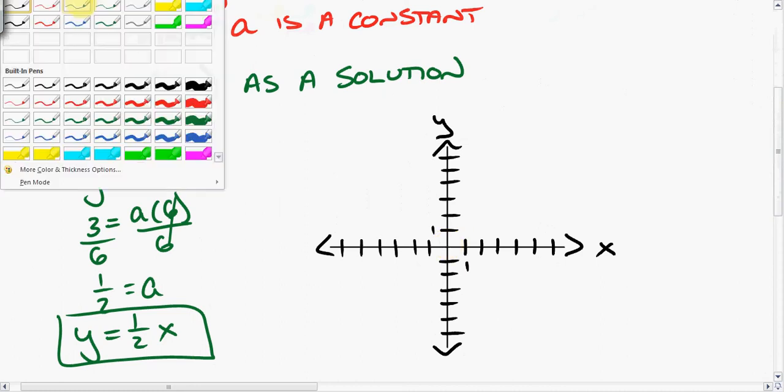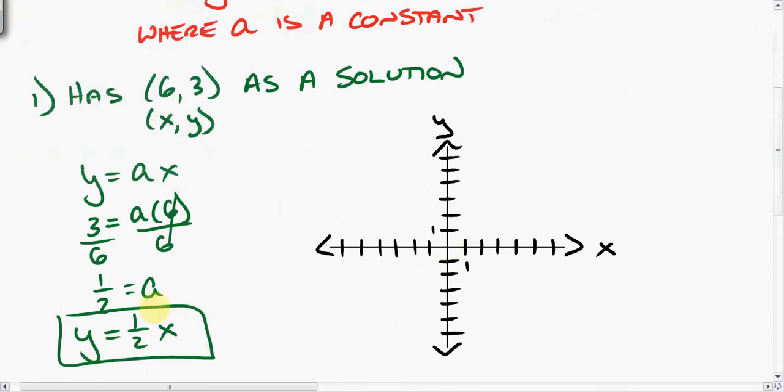You can kind of think of this equation as y equals mx plus b, where your b is 0, so that means direct variation is always going to pass through the origin. It's always going to have a y-intercept of 0, 0. So from the origin, we're just going to move according to our constant, which is like slope. So I'm going to go up 1 over 2.